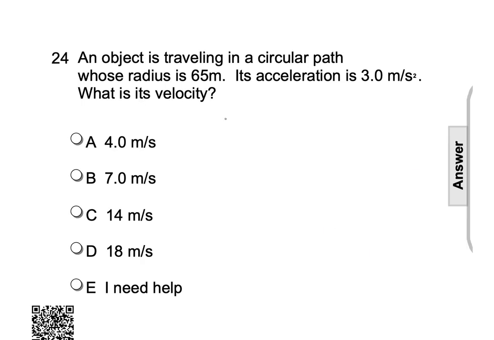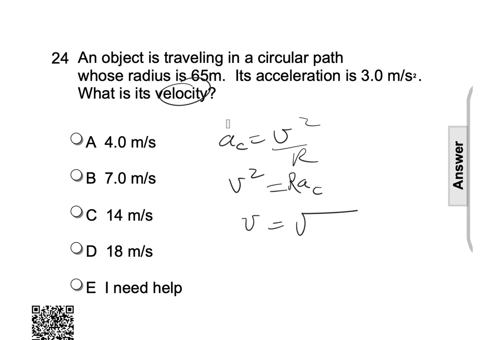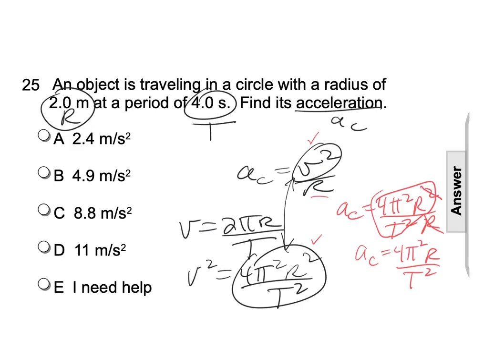This one, same equation. AC equals V squared over R. Velocity, V squared, cross multiply. And so V would equal the square root of R times AC. You can solve that.